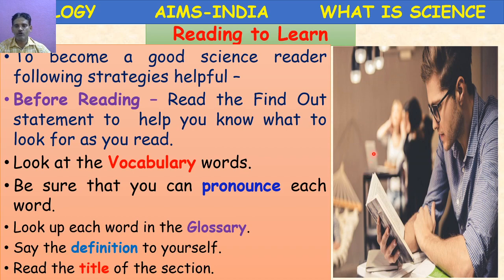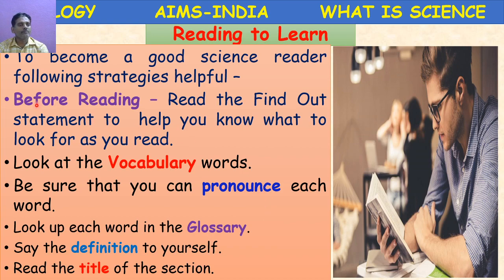If there is any tough terminology, definitely find the meaning, either in the glossary, or if you don't find it, you have to develop the habit of referring to the dictionary. Okay. Next, say the definition to yourself, and finally, read the title of the section. Compulsorily, you have to read the title of the section.